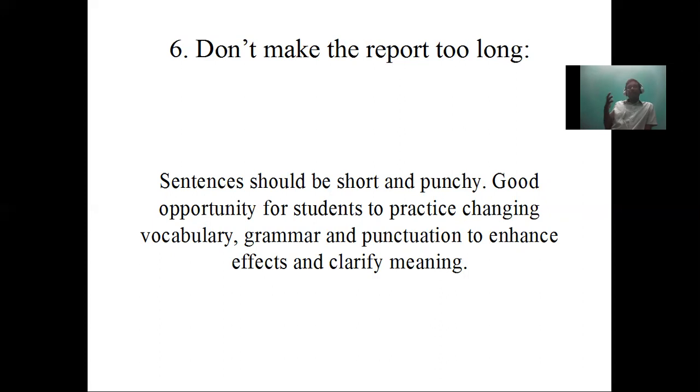If your grammar is properly written, your vocabulary is properly placed, and your punctuation is properly placed, it will really make your writing much more effective. There's no doubt about that. And at the same time, the meaning of the language of the report should be made clearer to the people. No doubt about it.